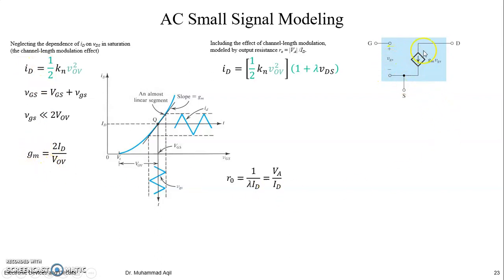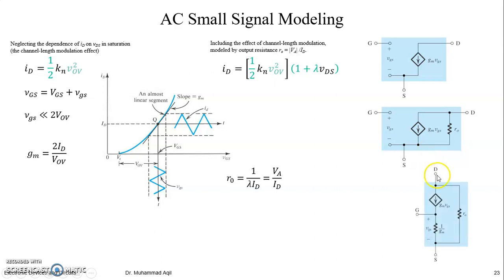But when you are going to use the model, put in an R naught. If you use that R naught in your gain calculations, it means you have considered the early effect, not from the start, but at the time when you analyze the AC signal performance of the amplifier. So you don't need to use this formula from the start. You just have to calculate this and include it here, same as we did for BJTs.